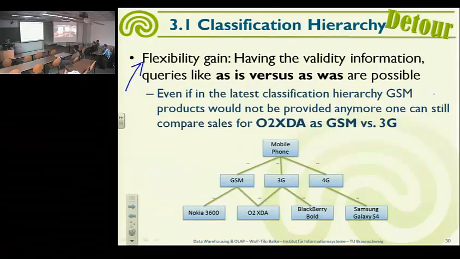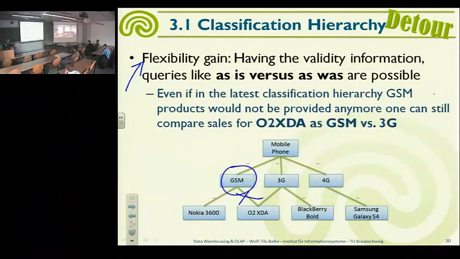So what you gain from doing these timestamps is that your queries are now rather flexible, because you're retaining this information. You didn't cut off this edge and say, I don't know anything about this article being a GSM product, I'm only caring about what's happening today. Rather, you're keeping the data accessible, meaning that the queries can still access this data.